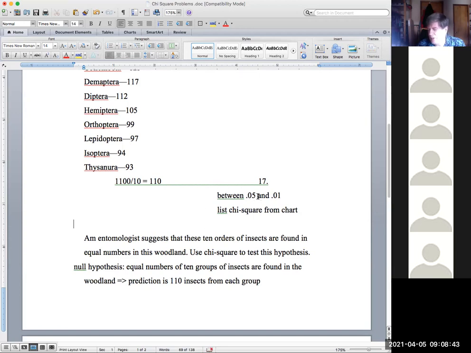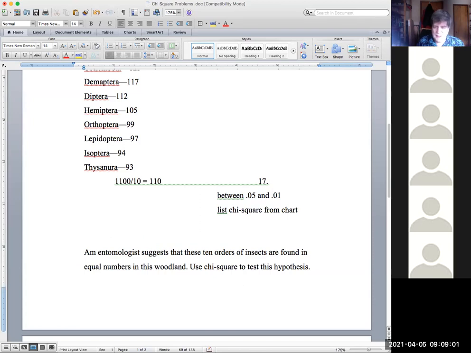So in this case, the number is between 0.05 and 0.01. So the chi-square value that you get when you add up all your chi-squares for all 10 groups of insects, that's between 0.05 and 0.01. So in this case, what we would say would be that we reject the null hypothesis.